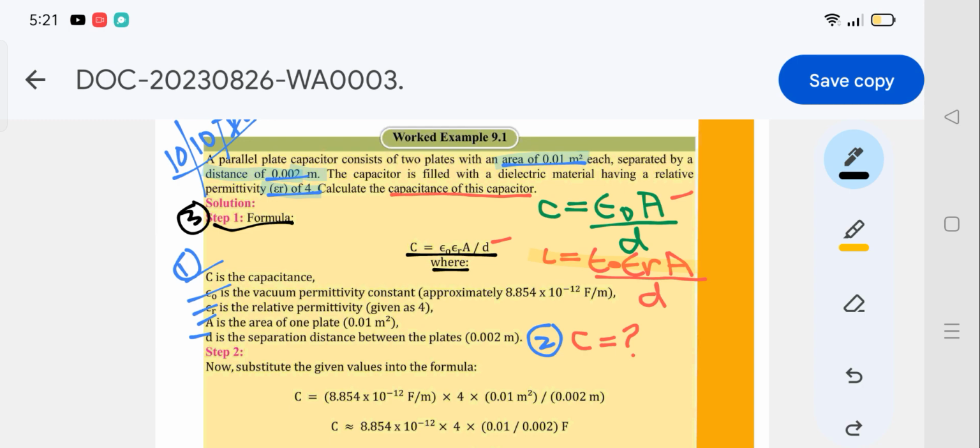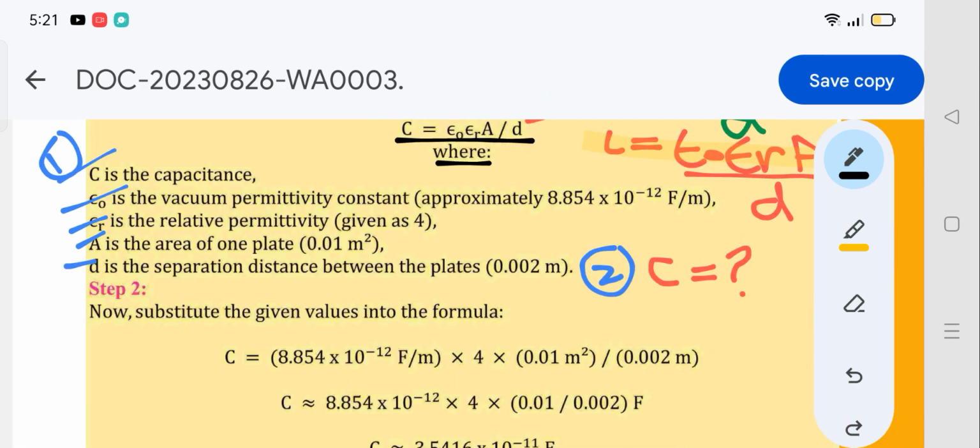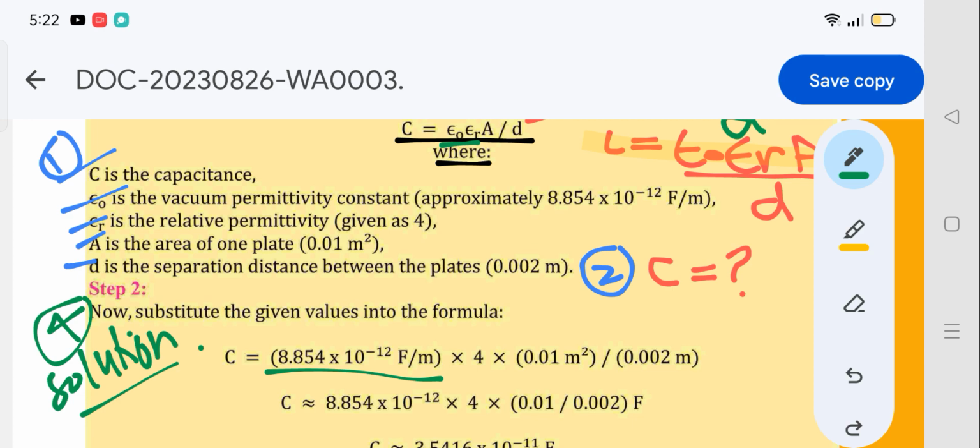Now the fourth step is to solve, right? Or you can put the values which are given in your data in the formula. Third step was to write the formula. Now the fourth step is to solve. So this is the solution. Epsilon naught, we already know the value, 8.85 into 10 to the power minus 12. Into ER, already given in the question as 4, so we have written that as well.